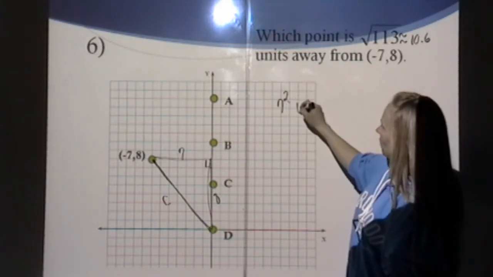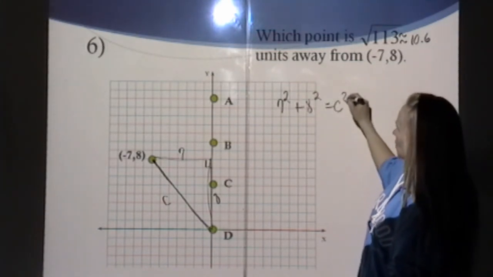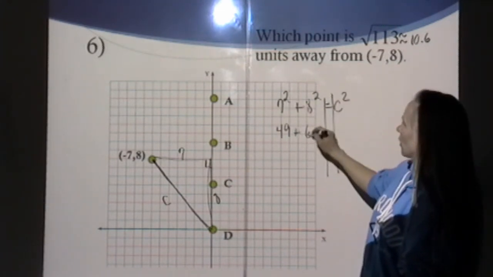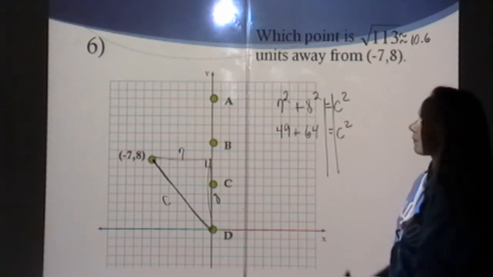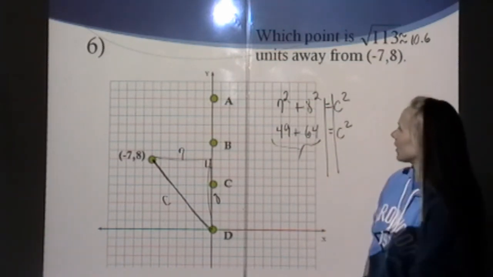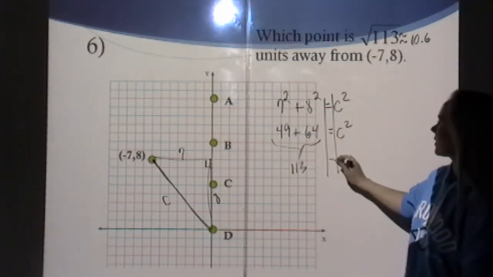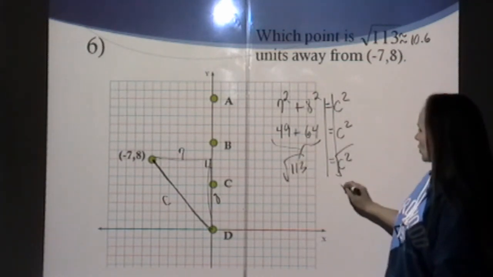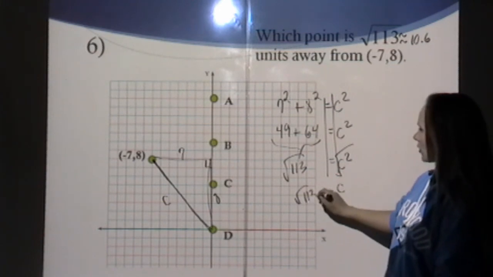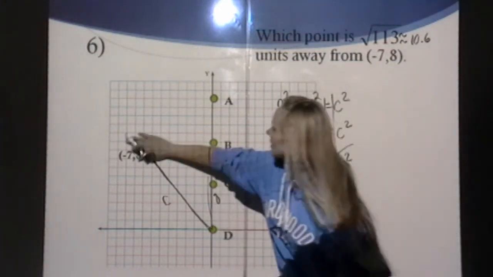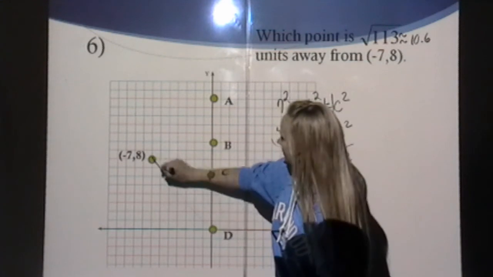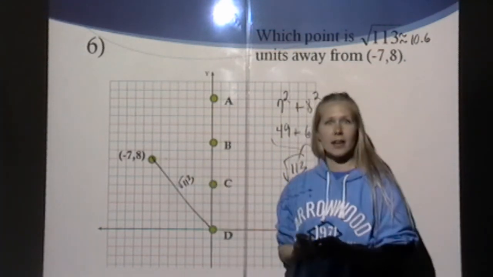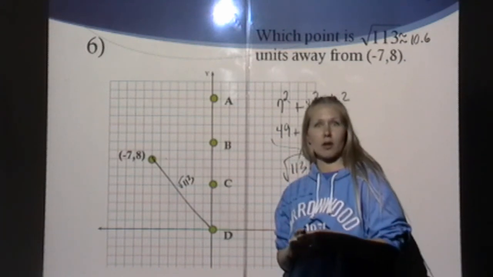A squared plus B squared equals C squared. 7 squared is 49. 8 squared is 64 equals C squared. Now if I add these two together, I get 113 is equal to C squared. And to find C, I want to take the square root. So C is equal to the square root of 113, and I've found it. The distance between these 2 points is square root of 113 units. That, my friends, is the Pythagorean theorem in action.